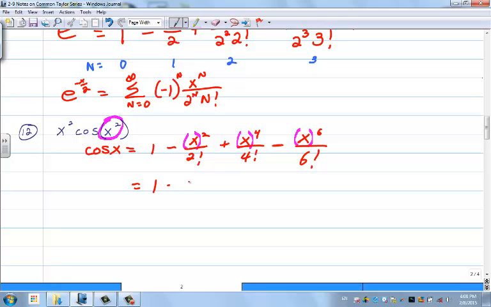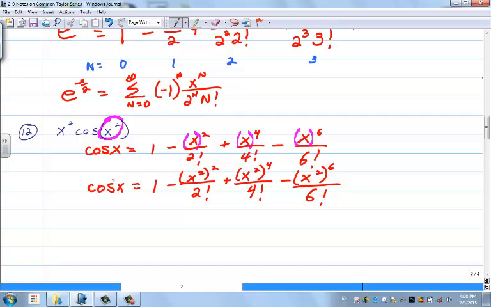We say 1 minus x squared over 2 factorial plus x squared to the 4th over 4 factorial minus x squared to the 6th over 6 factorial. And then we have to multiply that, of course, by x squared out front.